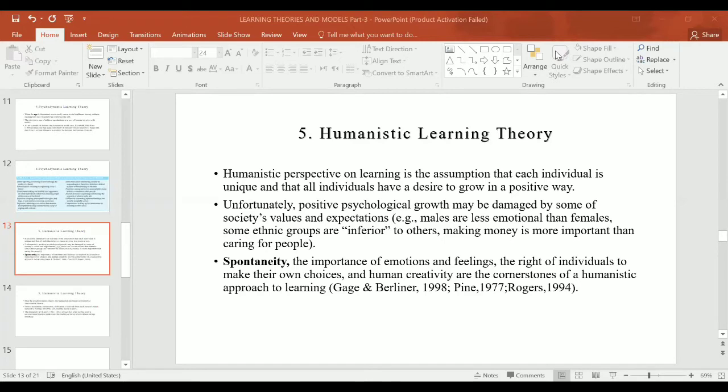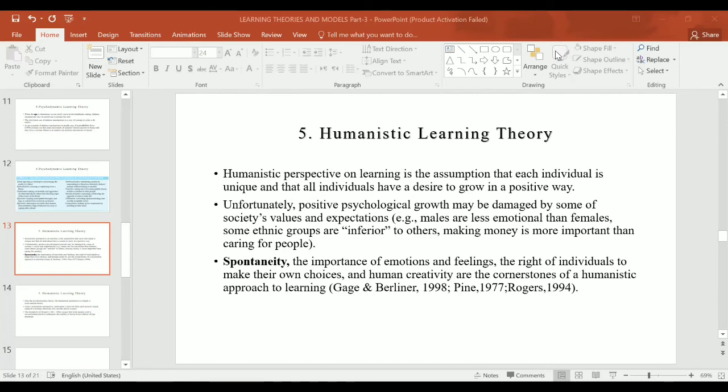The last theory of this session is the humanistic learning theory. The humanistic perspective on learning assumes that each individual is unique and that all individuals have a desire to grow in a positive way. Unfortunately, this positive psychological growth may be damaged by societal values, standards, expectations and myths, like, as I have mentioned, that males are less emotional than females, or that some ethnic groups are inferior to others.